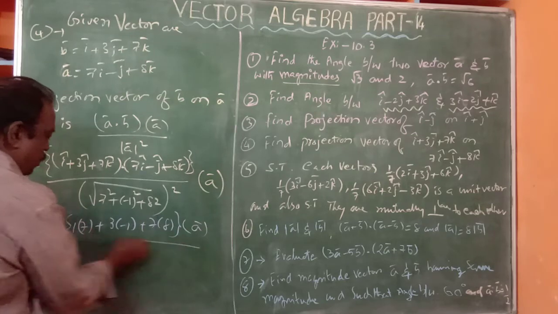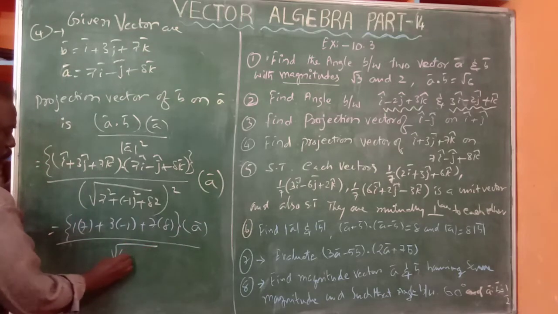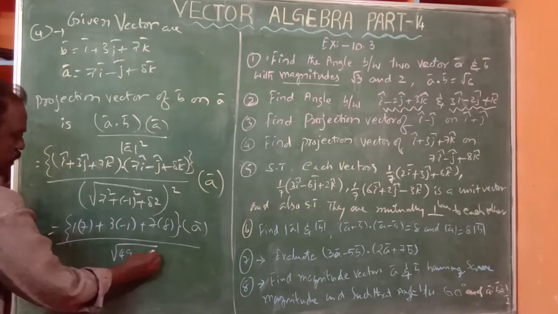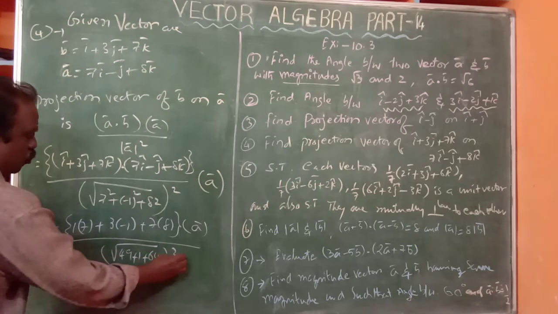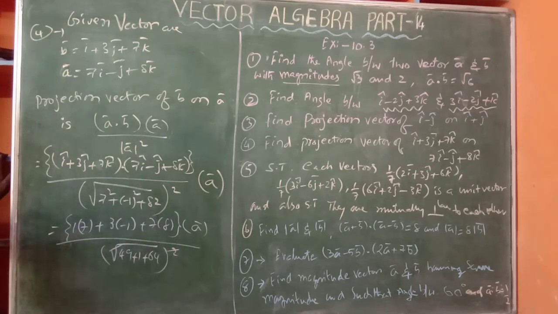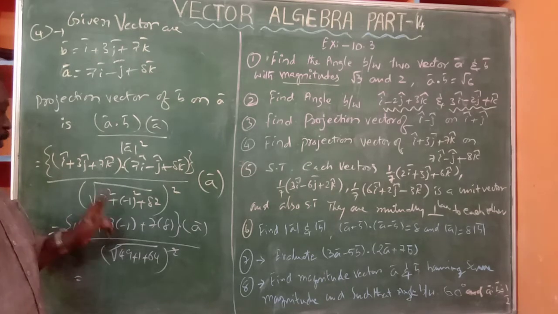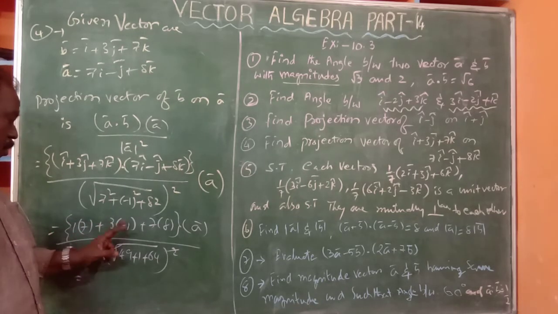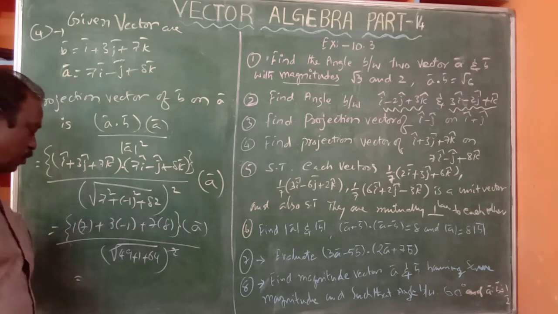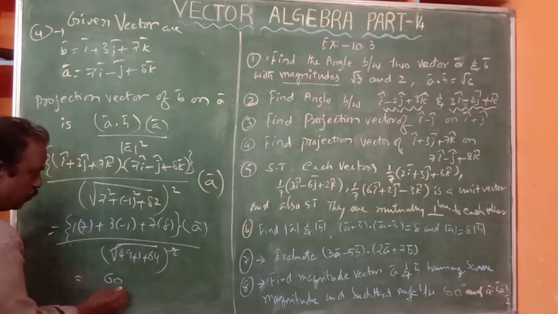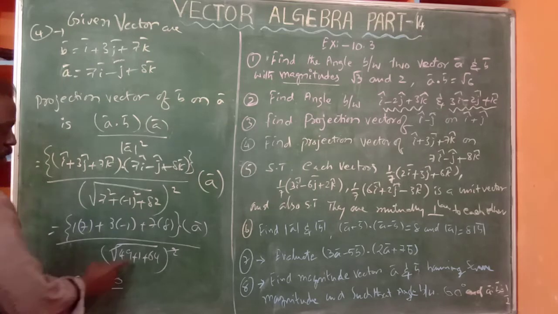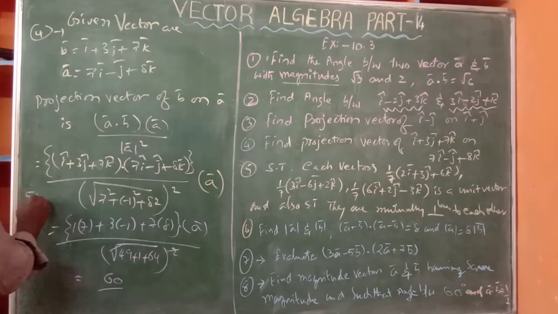This is by the root of 49 plus 1 plus 64 with the square. Square cancels. It is 7 minus 3, 4, 4 plus 56, 60. By this, 49, 1, 50, 64, that is 114.